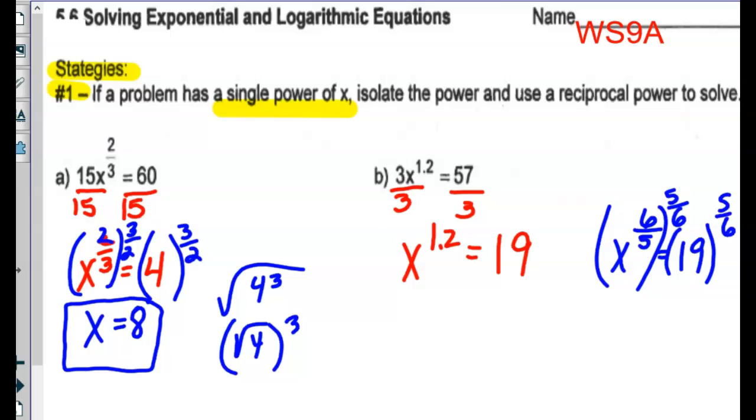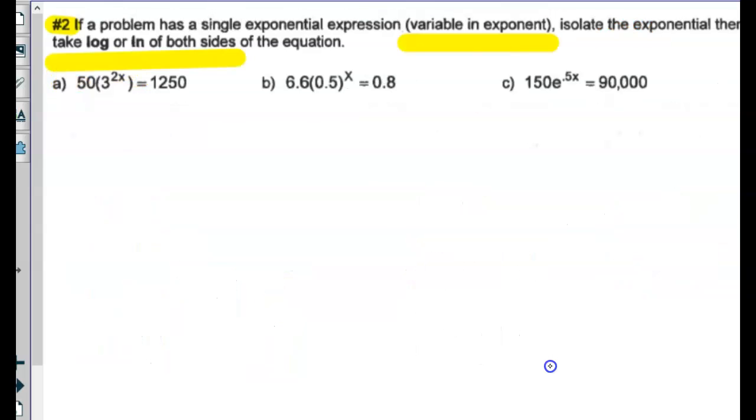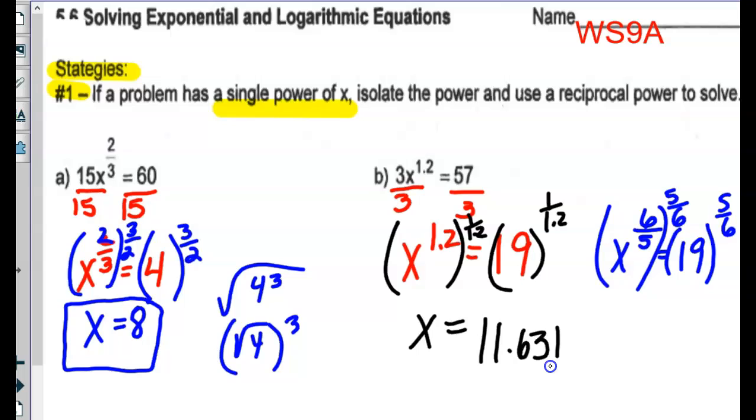But like I said, it's not going to come out nice anyway, so you might as well just raise both sides to the 1/1.2. Anybody have a decimal? Let's go out 3 places. Anybody getting something different? Kaden, is that what you got? Okay. Everybody agree in 631? All right. Is that the only 2 on that section, guys?